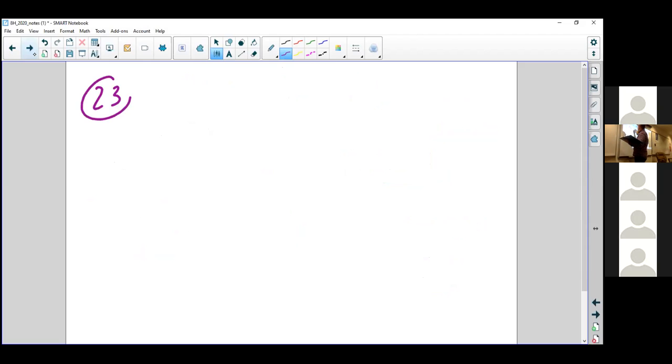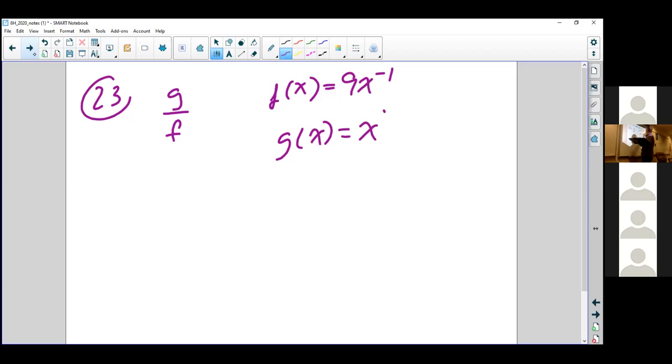We have G over F. And so they tell us that F at X is equal to 9x to the -1, and G at X is equal to X to the 1/4. Okay. So let's think about what a few of these things are going to be.